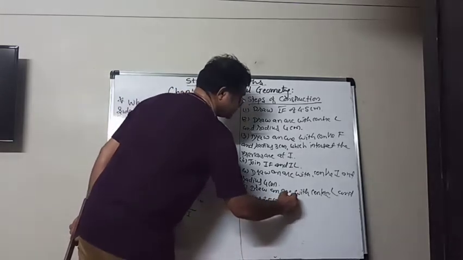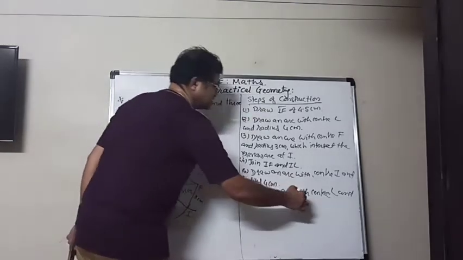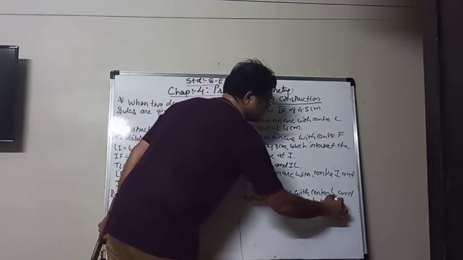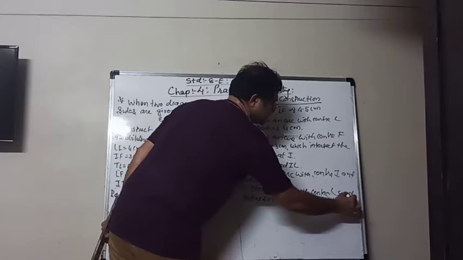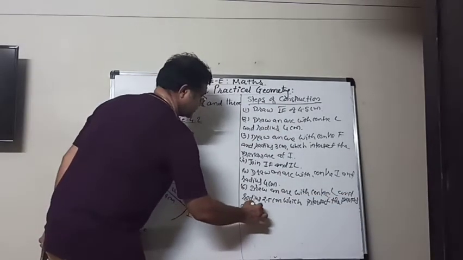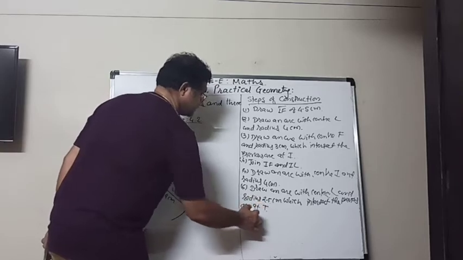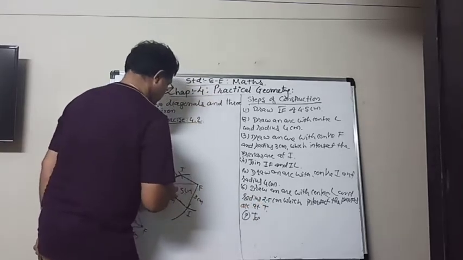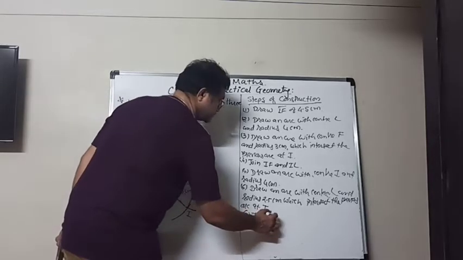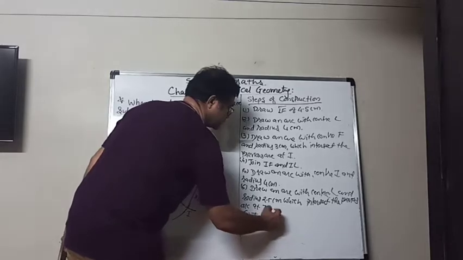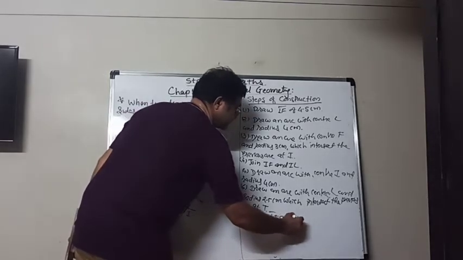Which intersect the previous arc at T, then join LT and FT.